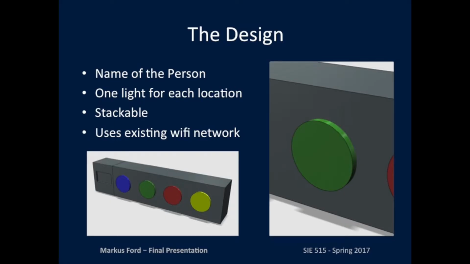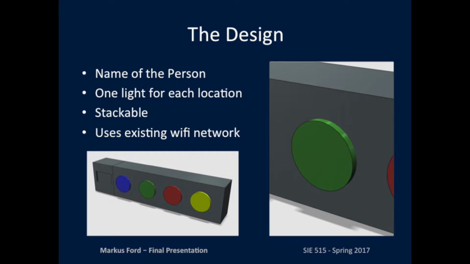So here's our solution. Let's talk a little bit about the design of this. It's a box. It has 4 lights: blue, green, red, and yellow from left to right. Just to the left of the blue light, there's a space for the name of a person, and this thing connects to the existing Wi-Fi network in the room.